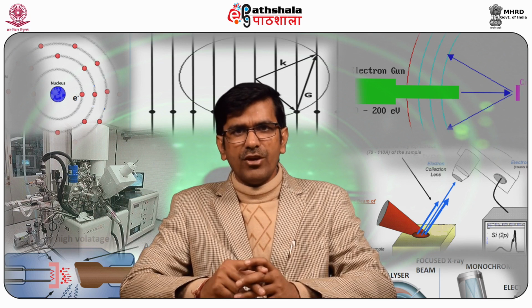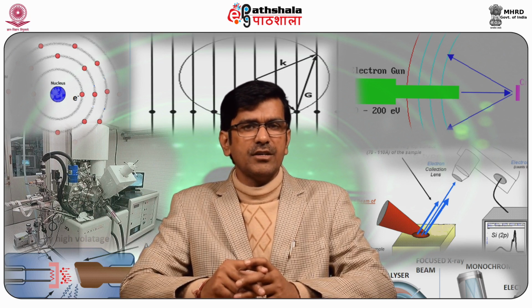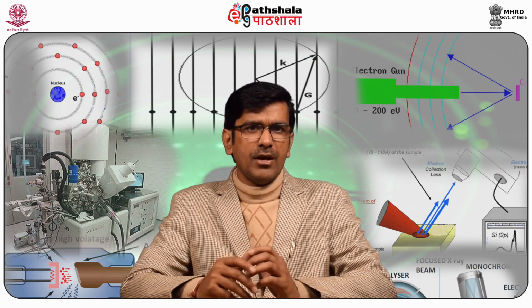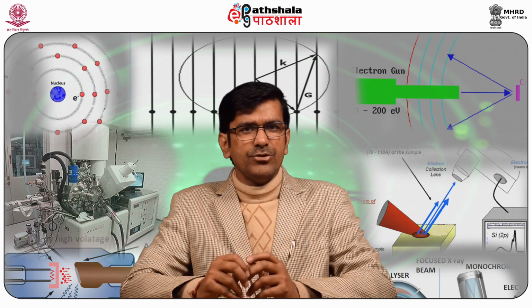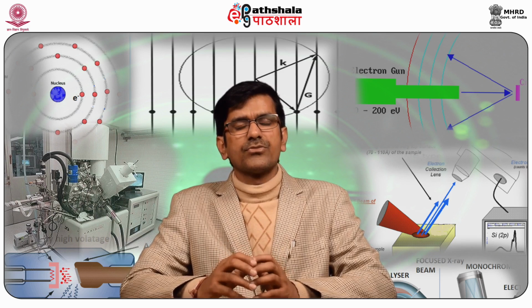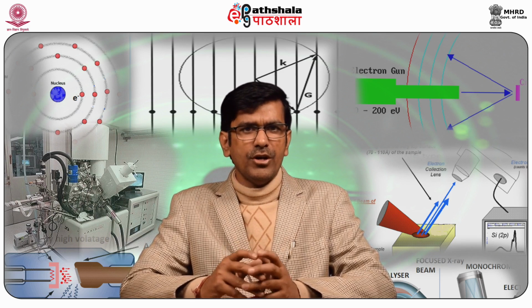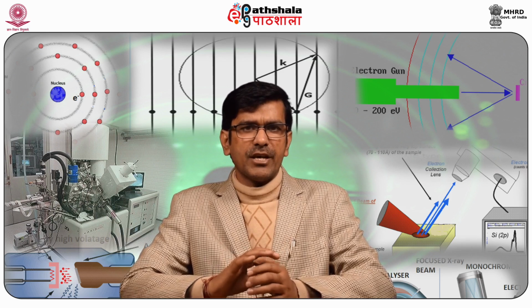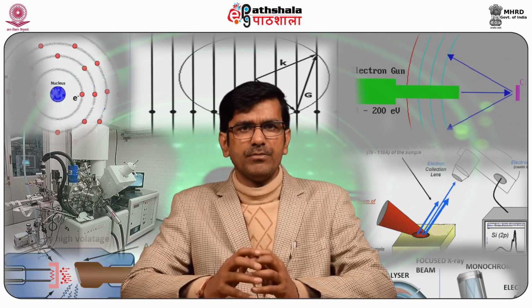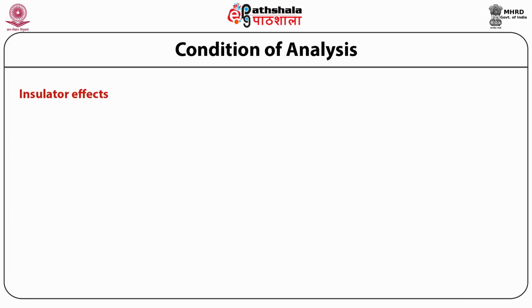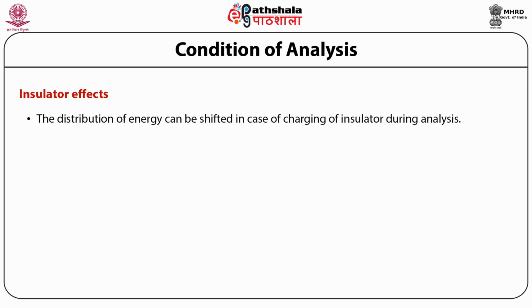The detection limit is influenced by the following factors: low count rate, high implant standard dose, contaminated instrument, whether it is poor vacuum or contaminated primary ion beam. We shall talk about insulator effects, which is one of the important factors in the operation of SIMS. The distribution of energy can be shifted in case of charging of the insulator during analysis.